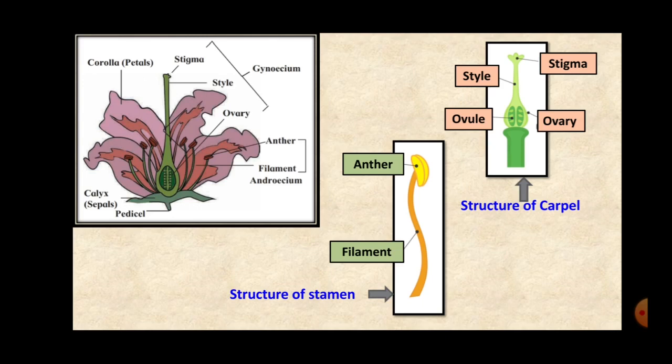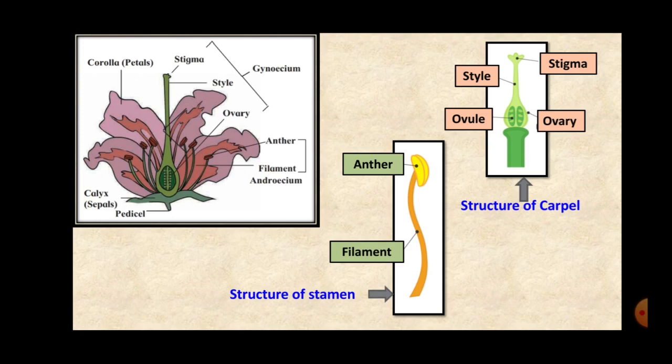The middle tubular structure is called the style, and the lowest basal swollen part is called the ovary, and inside the ovary the ovules are present. Now these ovules differ from flower to flower, and inside the ovule the female gamete is present. Like the male gamete, I told you, is in the pollen grain, and the female gamete is inside the ovule.